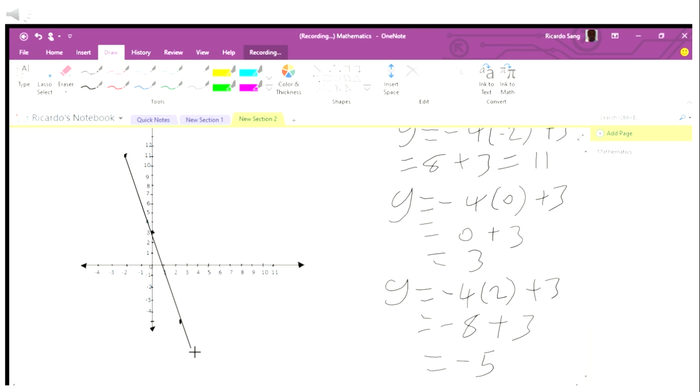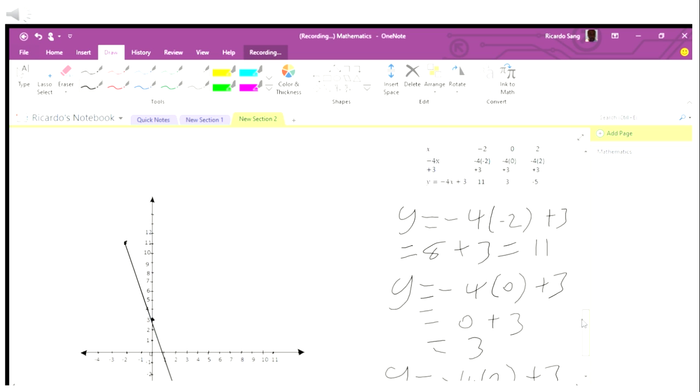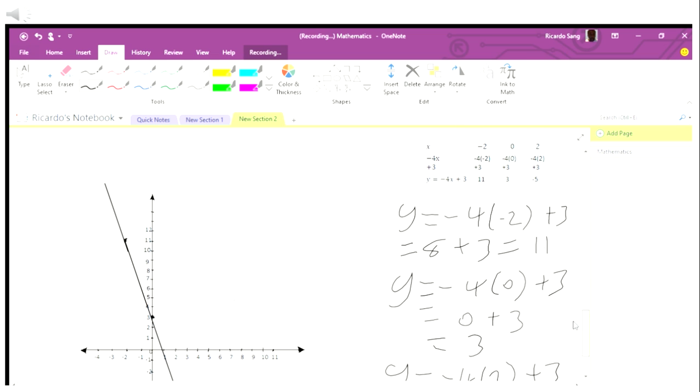Alright, this doesn't look too bad. And then we can extend the line up here. Alright, so that's the line. So that's it. Let's just label it now.